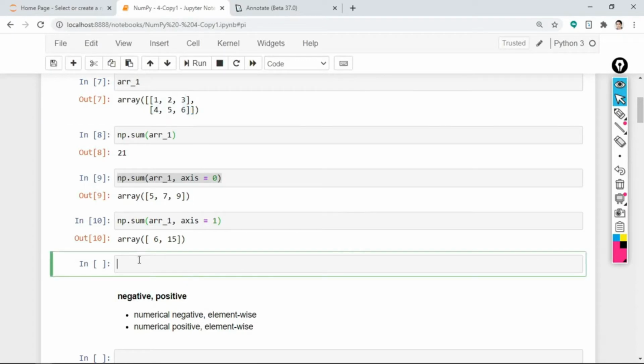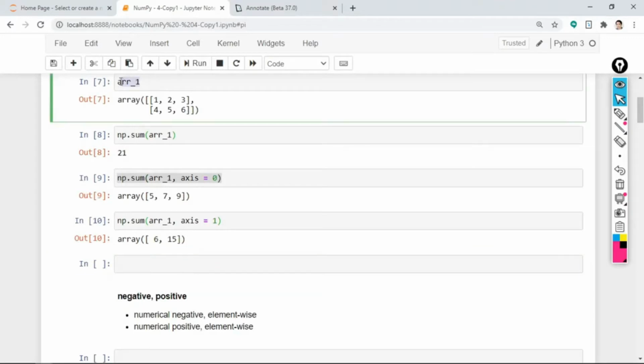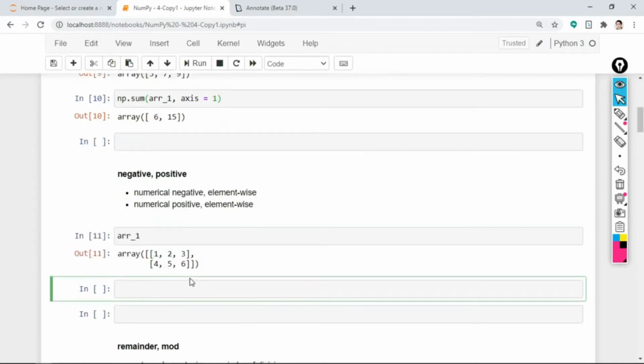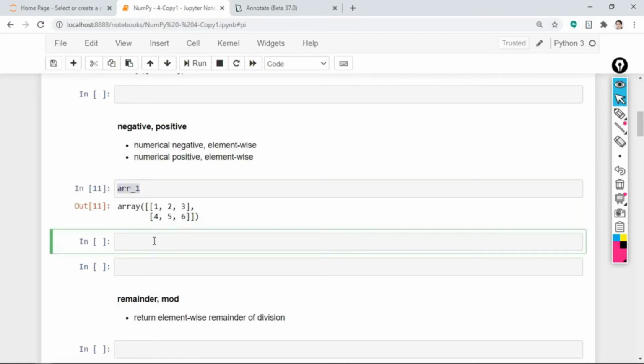So we have also negative and positive, which are numerical element-wise. Let's just use the same array, so we'll be reusing array1 and won't be defining any more sets of data. So for example, we have np.negative with array1.